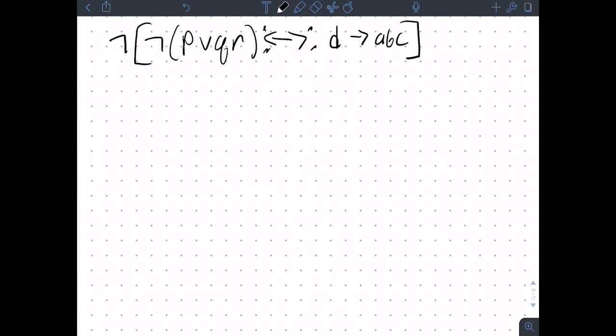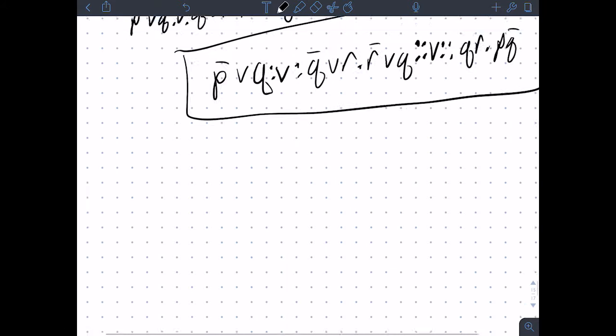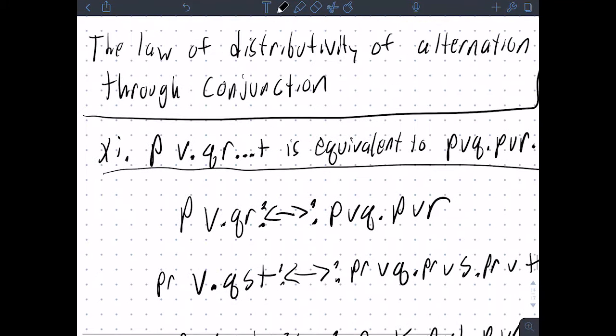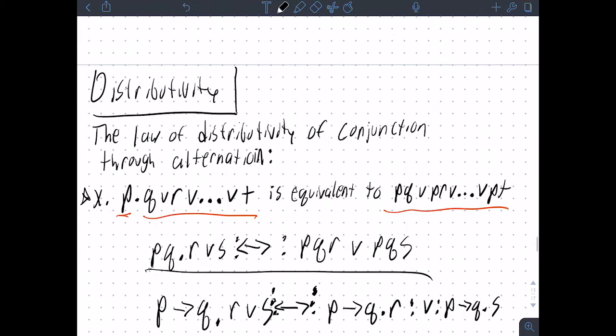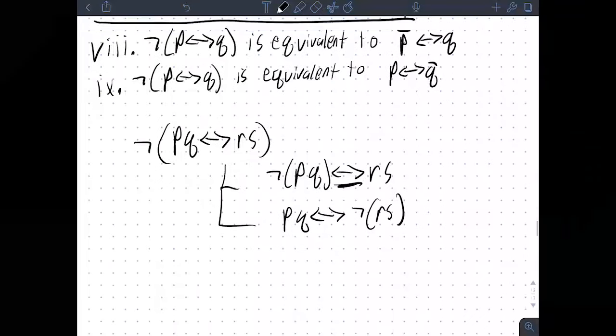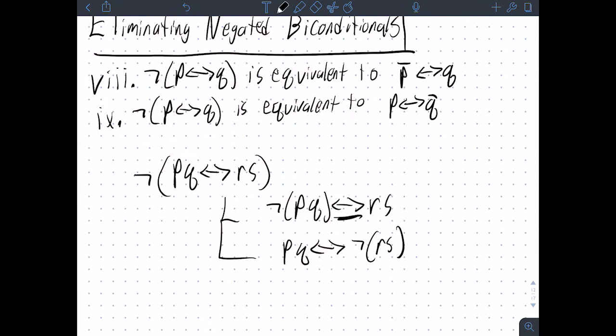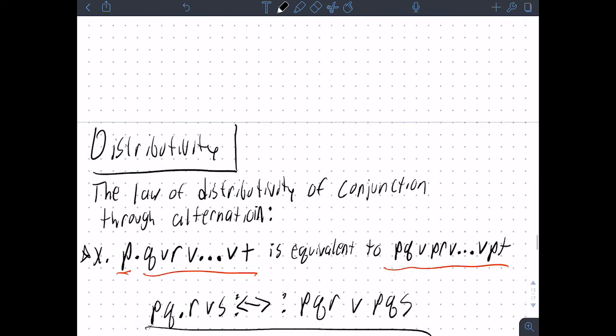Okay, here's another monstrous, horrible, cumbersome schemata that I would not be happy to run into on a test. So the whole thing is a negated biconditional, right? And if we look up at our rules for eliminating negated biconditionals, we just drop the negation sign and negate a side of our choosing.